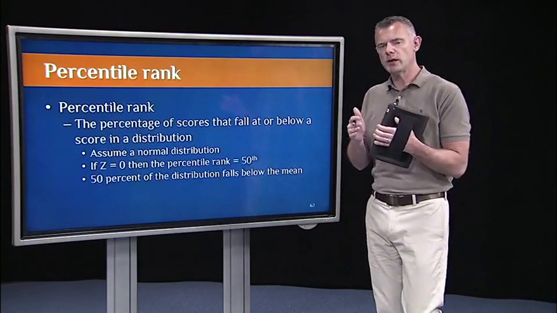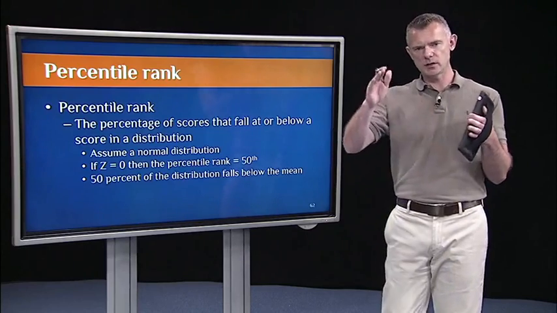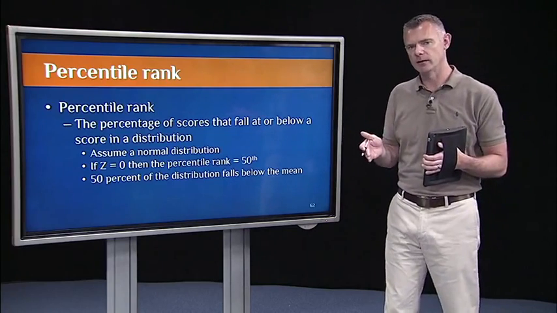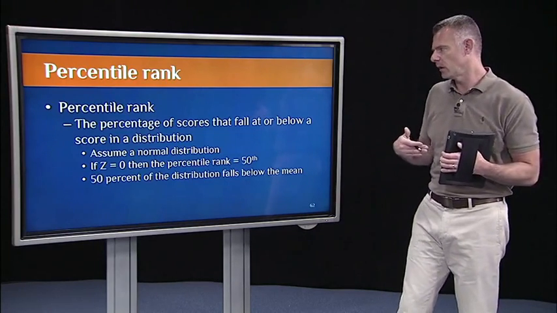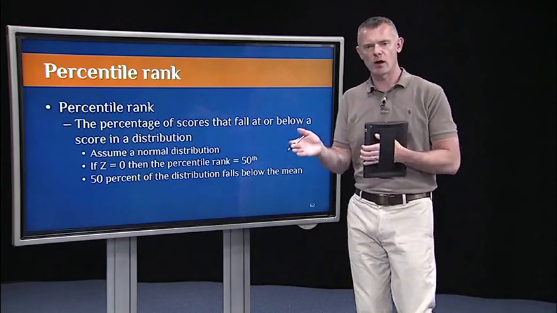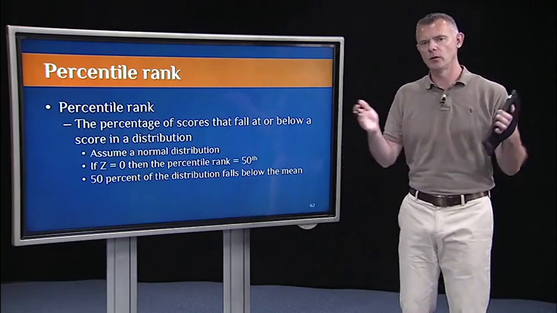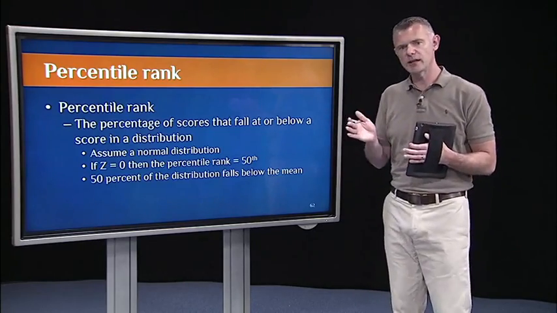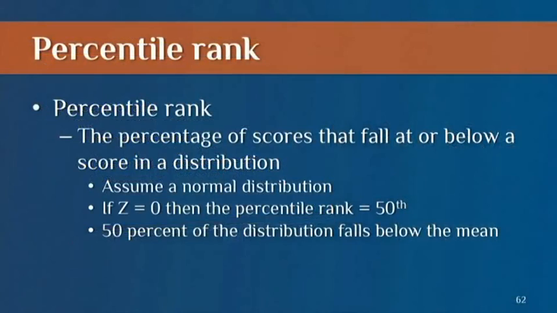The other thing we can do once we convert everything to z-scores and look at histograms in a z distribution is we can easily get percentile rank, which is a useful statistic when we're looking at descriptive statistics and where individuals fall relative to others within a distribution. The percentile rank is just the percentage of scores that fall at or below that score in a distribution. So if we're dealing with a perfectly normal distribution and we've converted everything to z-scores, then I know that the percentile rank for a z of 0 is 50%.